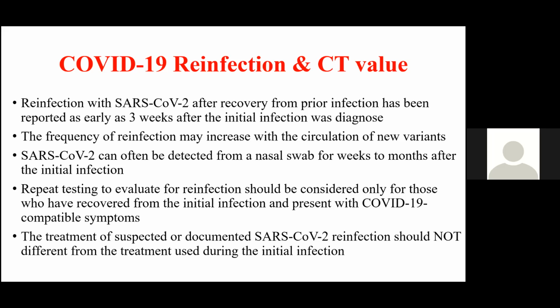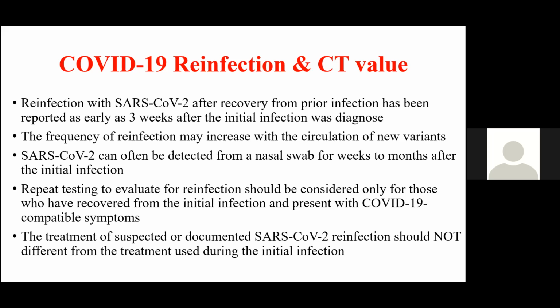The frequency of reinfection may increase the circulation of a new variant. As you know, we are facing possible mutation worldwide. If someone has been infected with the beta variant and meets someone with Delta, he can be positive again.